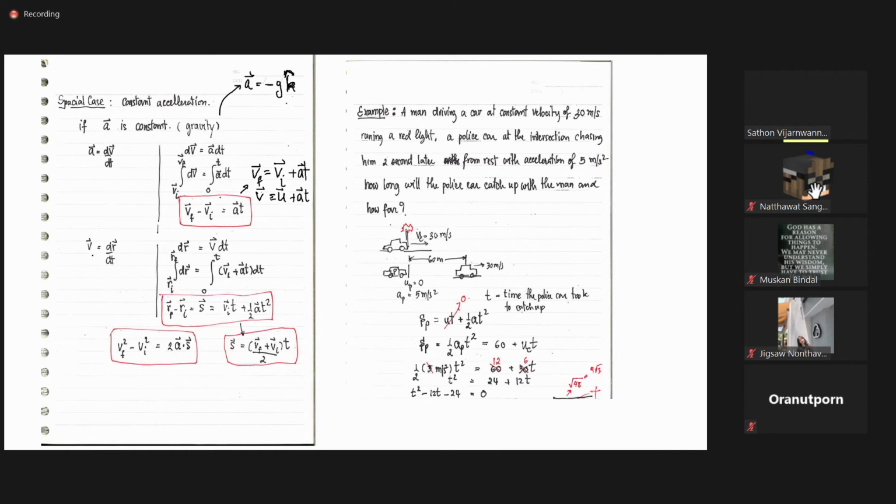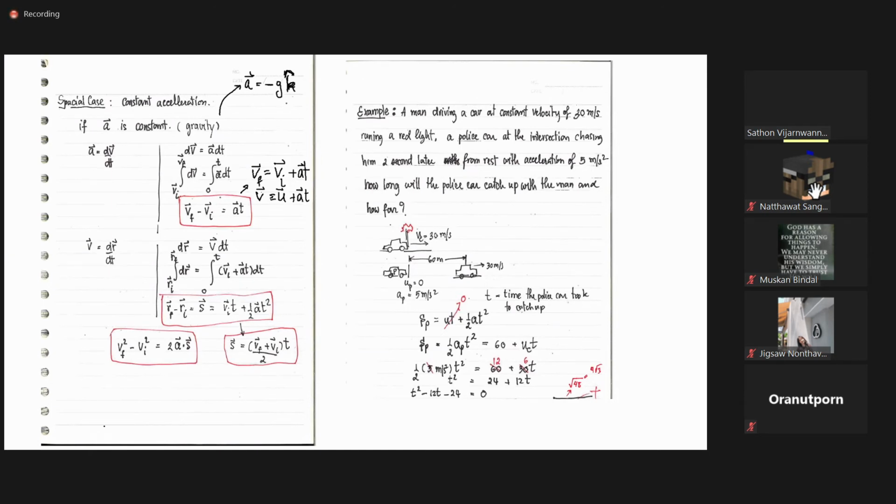Now take another integration, because by definition velocity V is dr by dt, or dr is equal to v dt, and integrate from Ri to Rf of this equation. We get the displacement S as Vi times t plus 1/2 At squared. This is for constant acceleration.